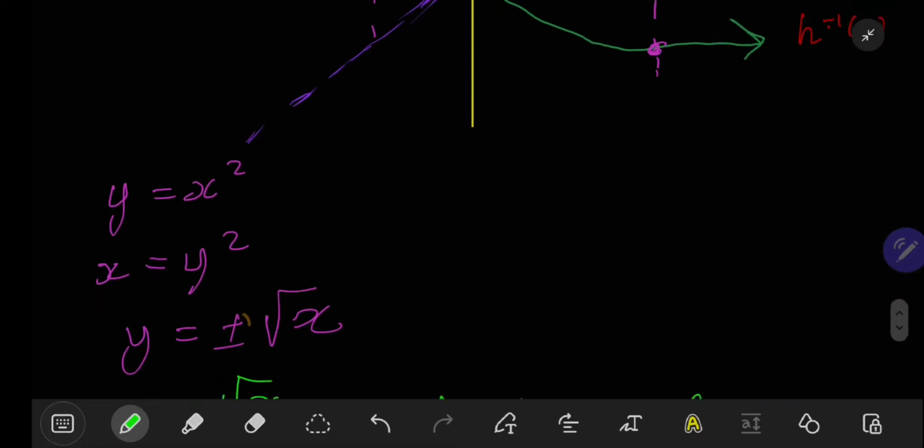exponential. It's very important to know the inverse of the exponential. So let's suppose you are given g of x equals 2 exponent x minus 2.